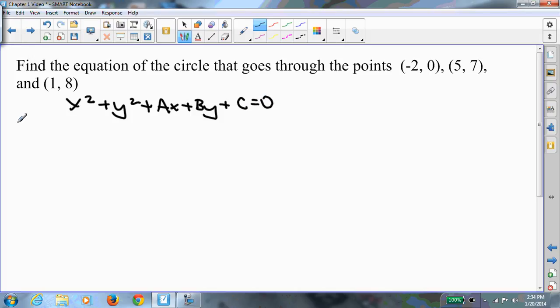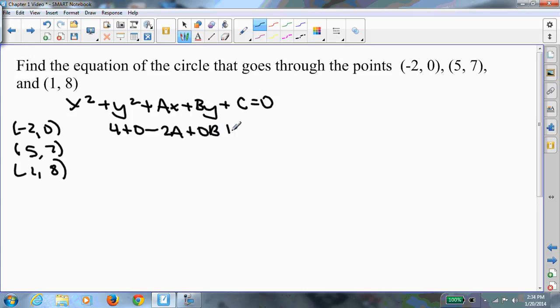So you're using each of these points, negative 2, 0, 5, 7, and 1, 8. Substituting in the coordinates for x and y, I can come up with an equation involving 3 variables, a, b, and c. So substituting in the point negative 2, 0, I get the equation 4 plus 0 minus 2a plus 0b plus c equals 0.